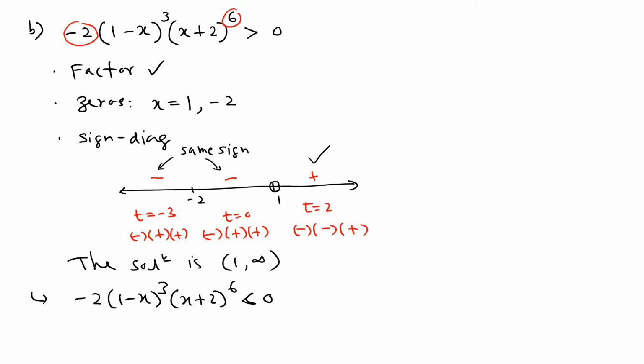That means you have to remove -2. So for this case, the solution is -infinity to -2 open, and then -2 to 1 open. That's what you get as the solution if you had the other way.